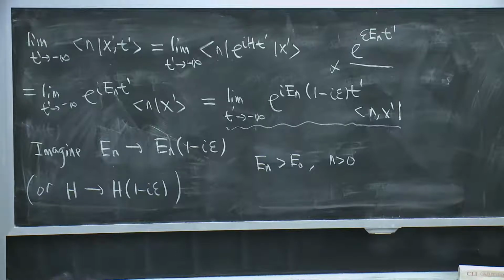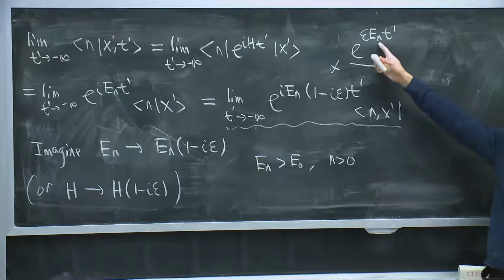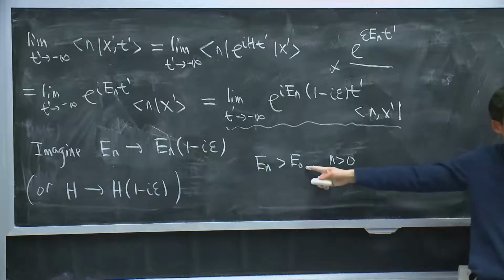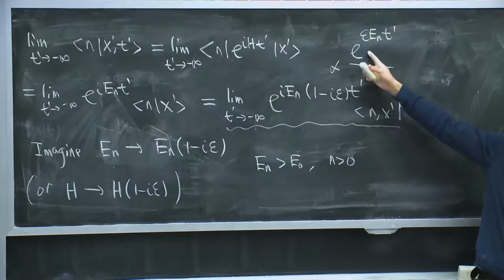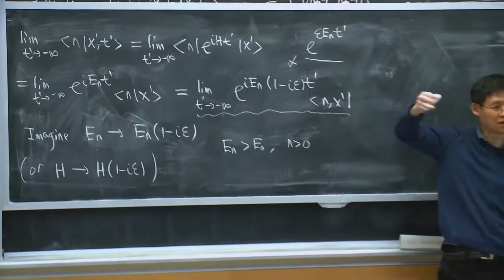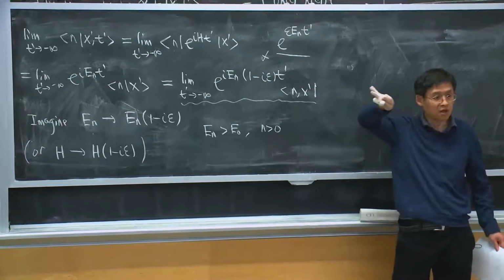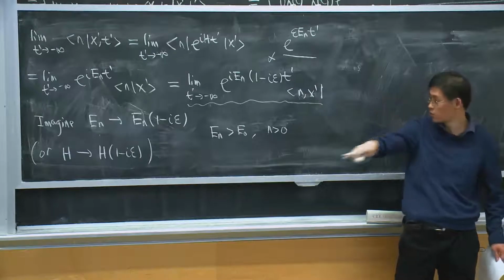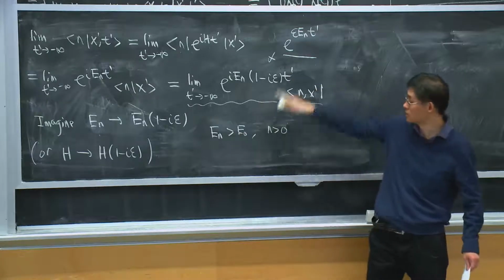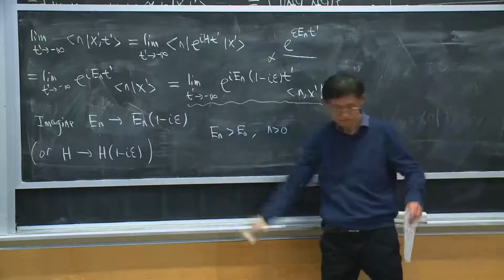So now t prime goes to minus infinity, and En is greater than E0. So for any state which is not the ground state, this factor will be exponentially small, goes to 0. The ratio between this factor and the ground state goes to 0 for any excited state, because En minus E0 is greater than 0, t prime goes to minus infinity, and epsilon is positive.